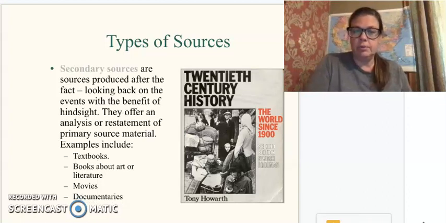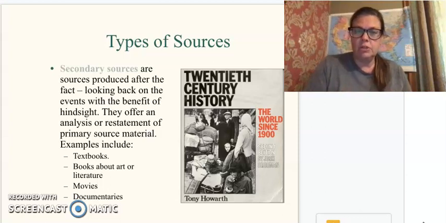Secondary sources are produced after the fact, and they can be produced very close to the time of the event or further on, hundreds of years later. We can still be talking about these historical events. So secondary sources are always looking back with the benefit of hindsight. They offer analysis and restate the primary source material, but with their own understanding of what's happening in the present.